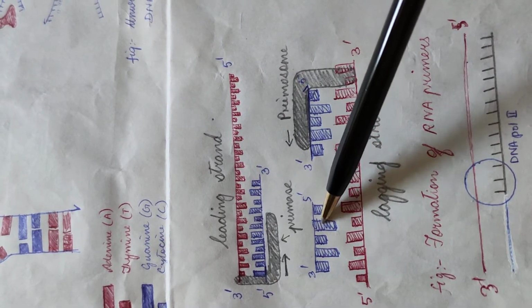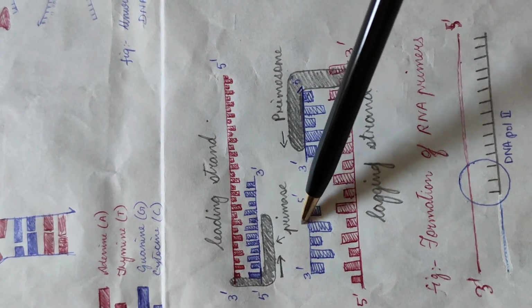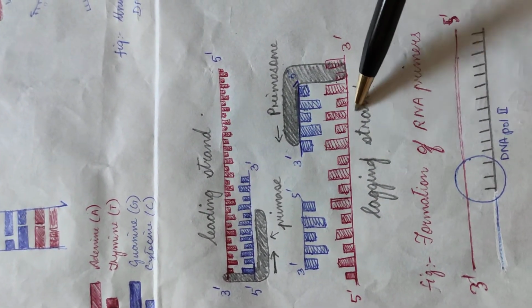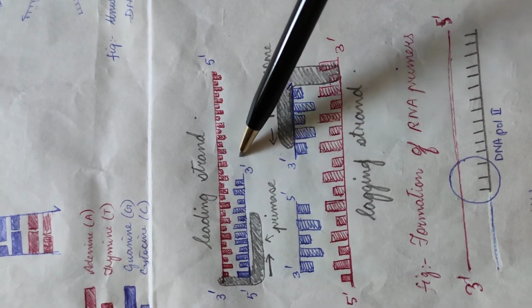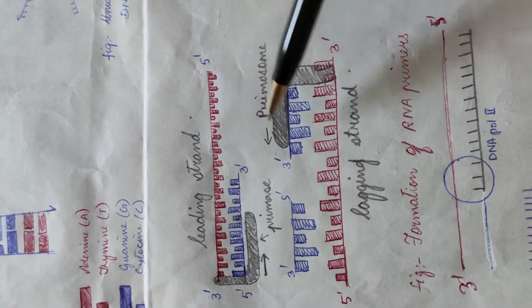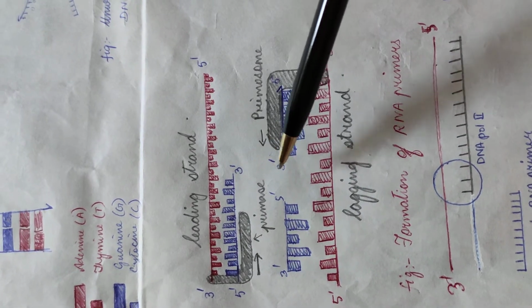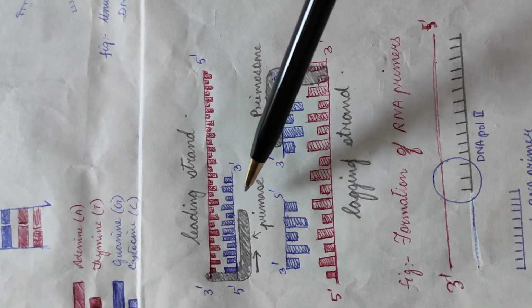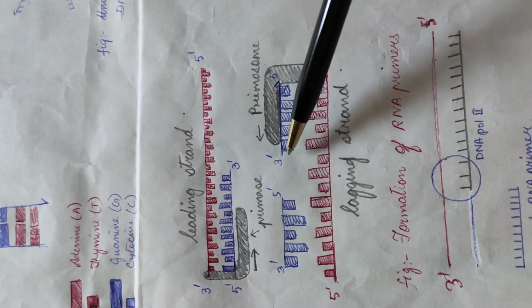Here several short primers are established from 5' to 3' direction. So this is the lagging strand and this is the leading strand. Here the formation of the DNA strand is continuous, whereas here it is not continuous. So primase helps in the formation of small RNA strands.